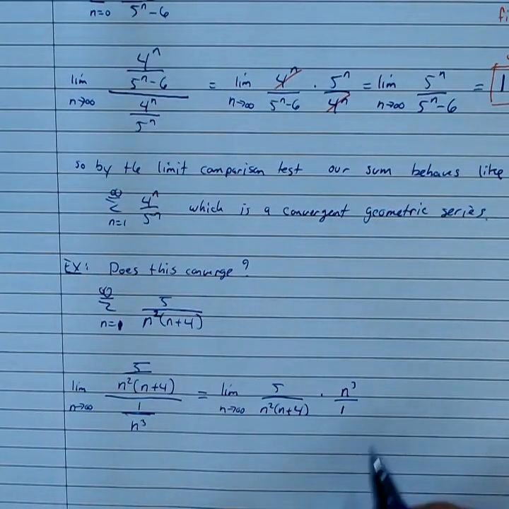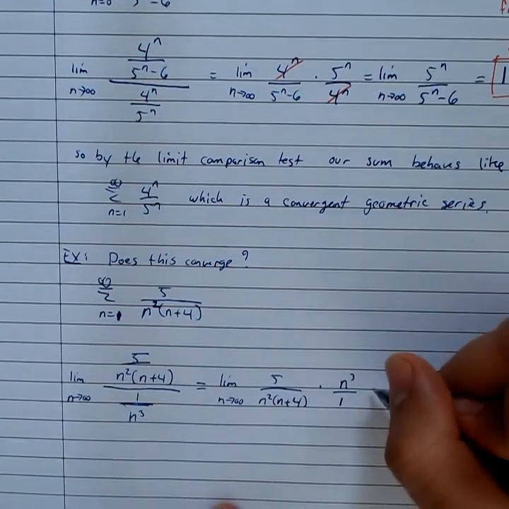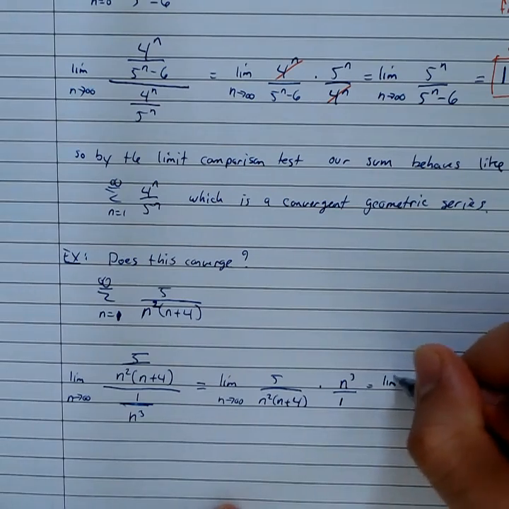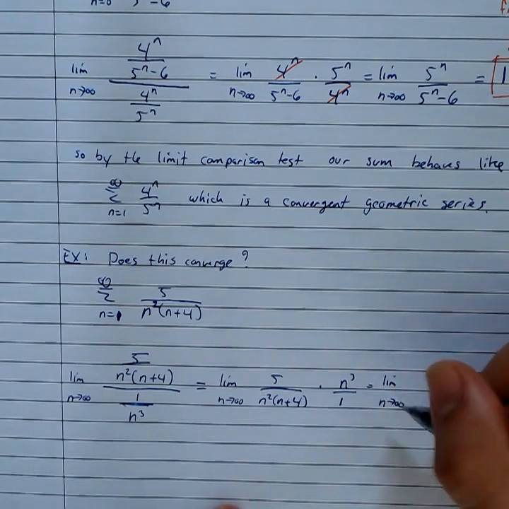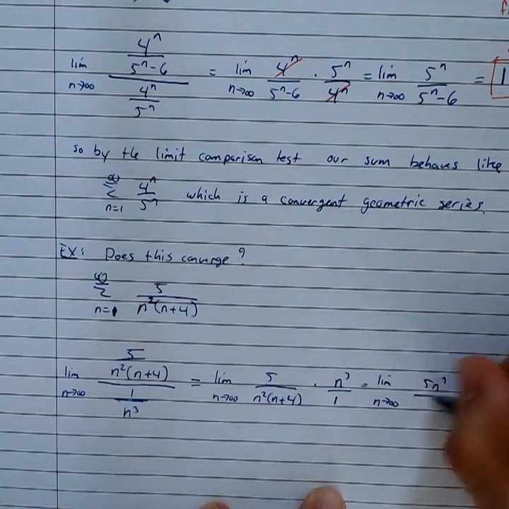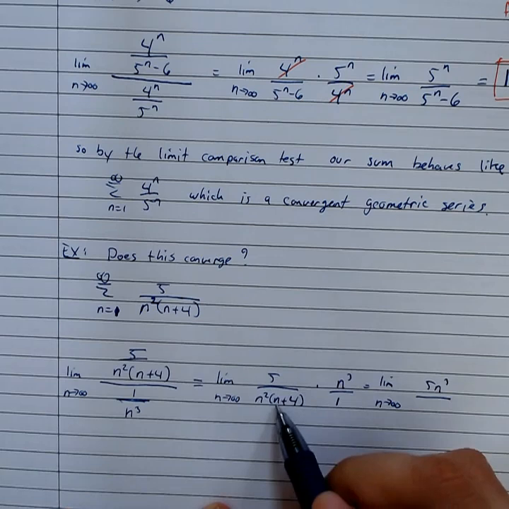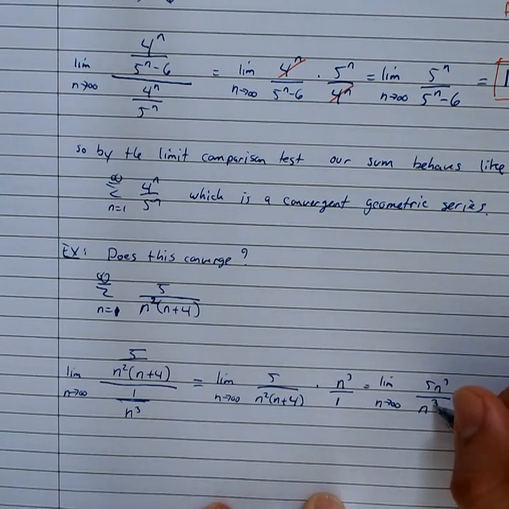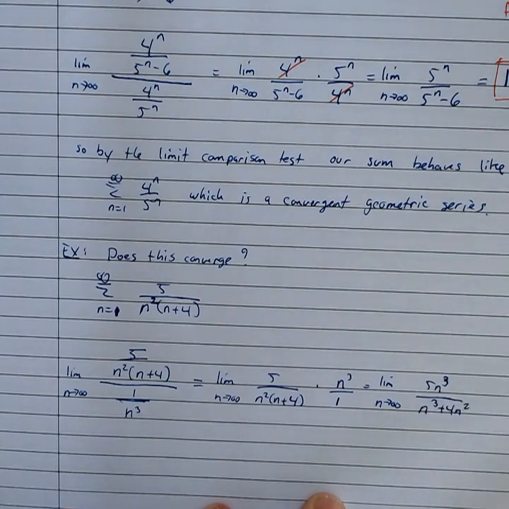Now I can go ahead and multiply out the numerator and the denominator. So this will give me the limit as n approaches infinity of 5n to the third, the numerator, over the denominator, n to the third plus 4n squared.